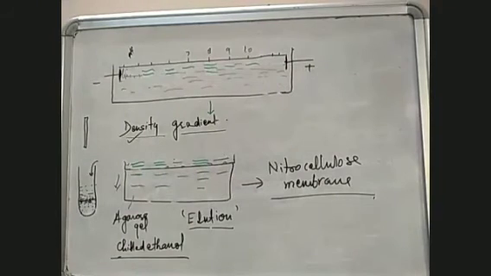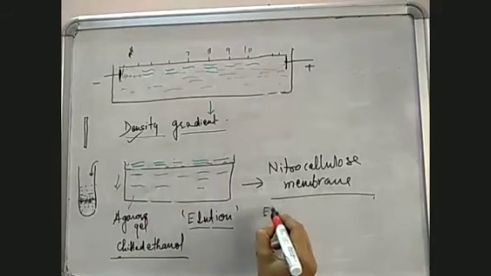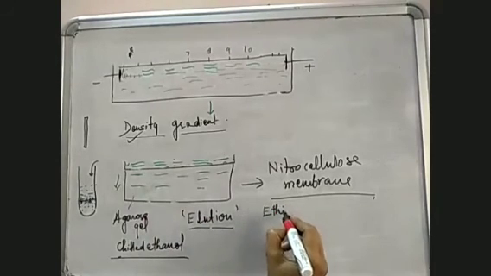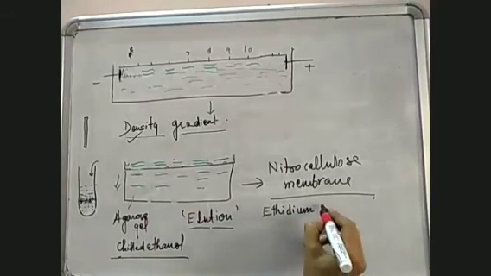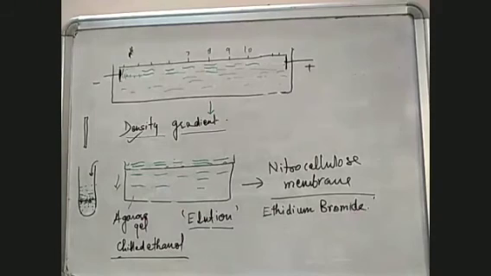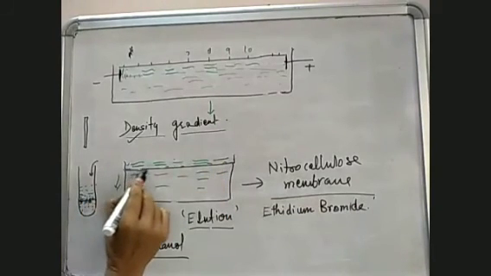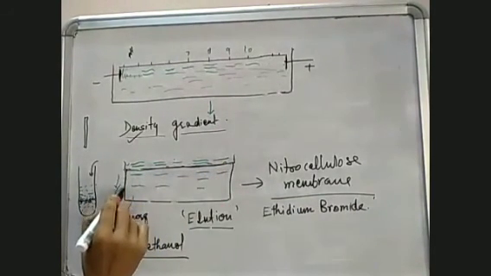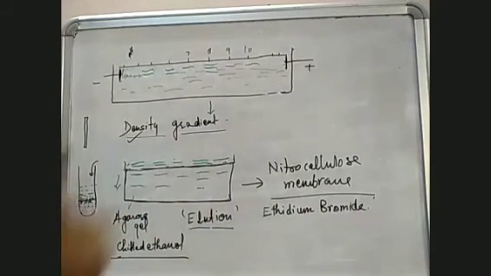Now, the two processes are: number one, treating it with ethidium bromide. This is a chemical substance which is carcinogenic. A solution of ethidium bromide is made, and the sheet of agarose gel, in which we have the different fragments of DNA, is dipped into this solution.